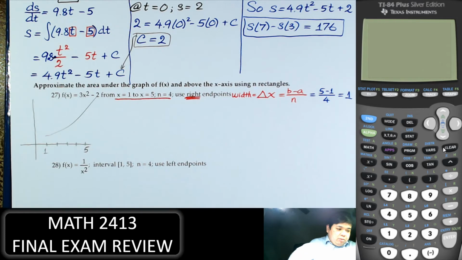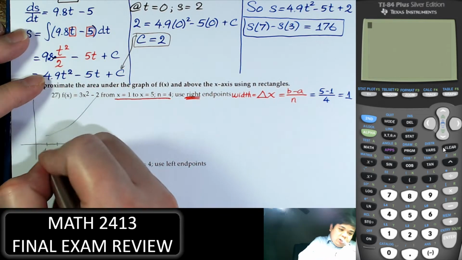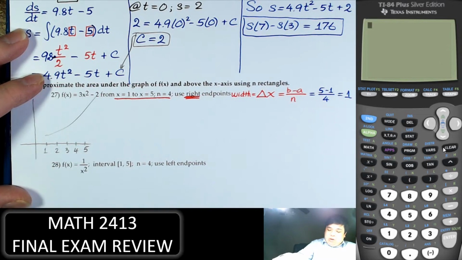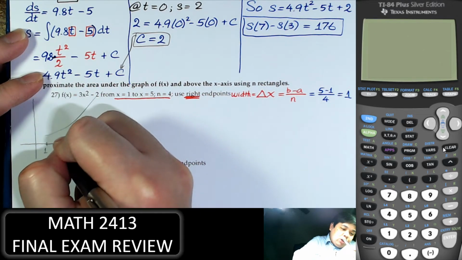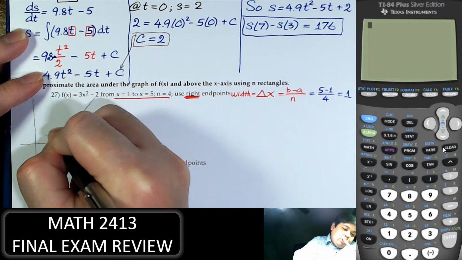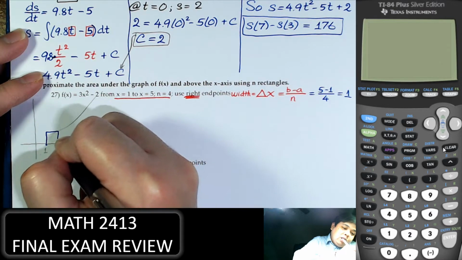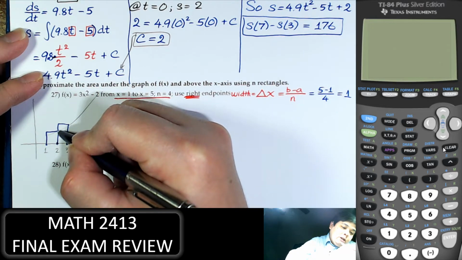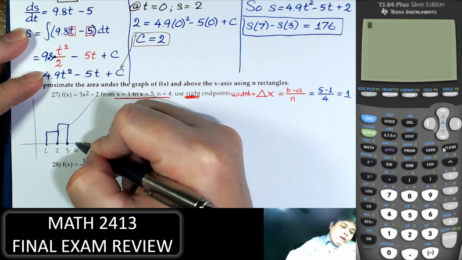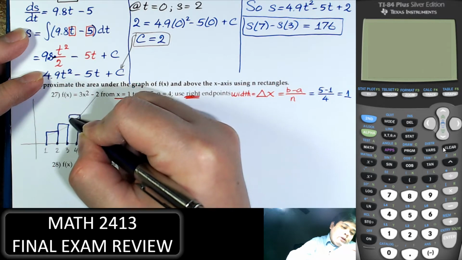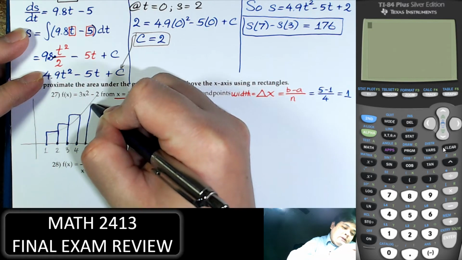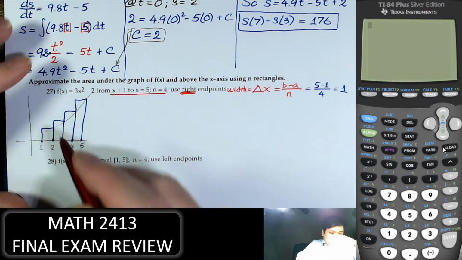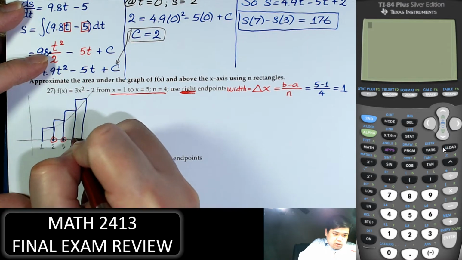By the way, the width is 1, so we have 4 sub-intervals, and we use the right endpoint. From 1 to 2, we choose the right point of 2. From 2 to 3, choose the right point, 3. From 3 to 4, choose 4, and then 5. So we use the right endpoint.